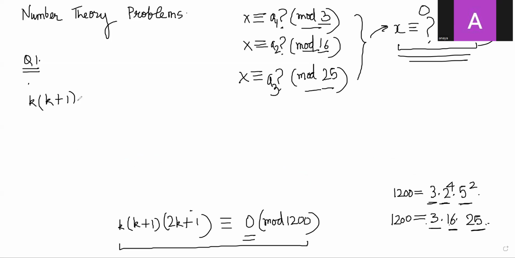k into k plus 1 into 2k plus 1. If we think of it as mod 3, because it is 0 here, can we say it is 0 mod 3 here?